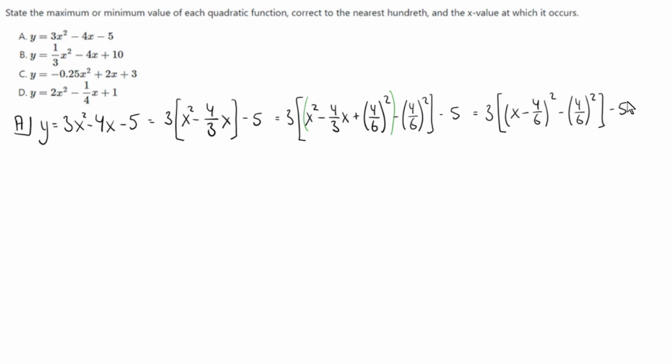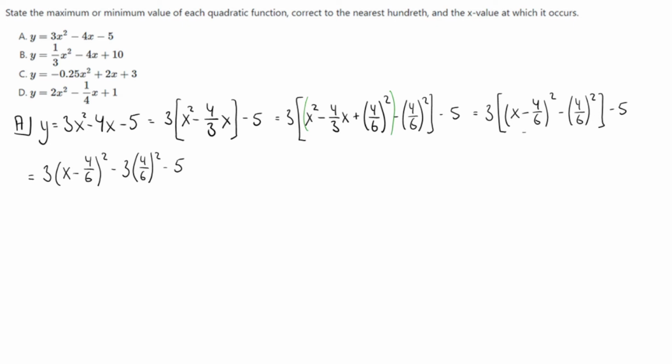Next, we bring the GCF 3 back into the bracket. So that's going to give us 3 times x minus 4 over 6 squared minus 3 times 4 over 6 squared minus 5.